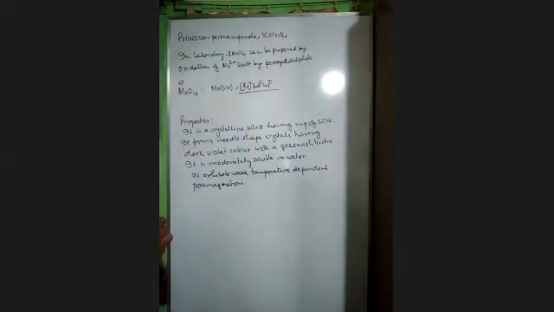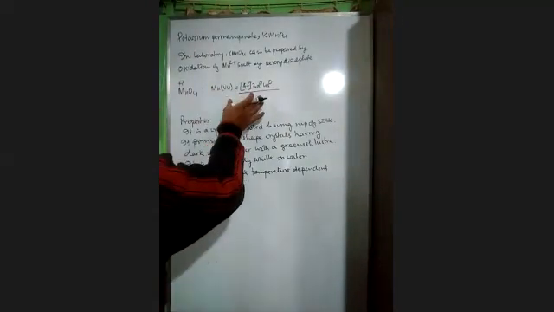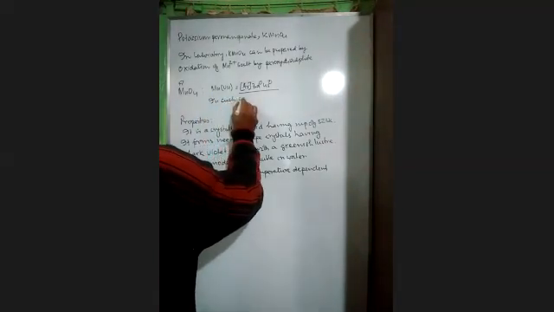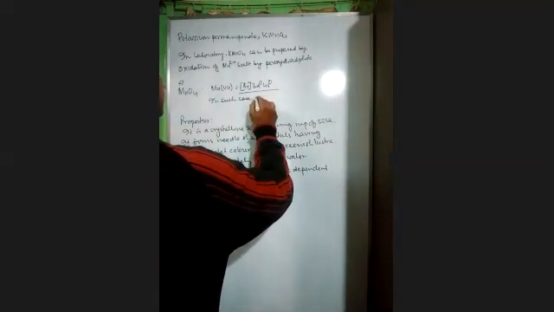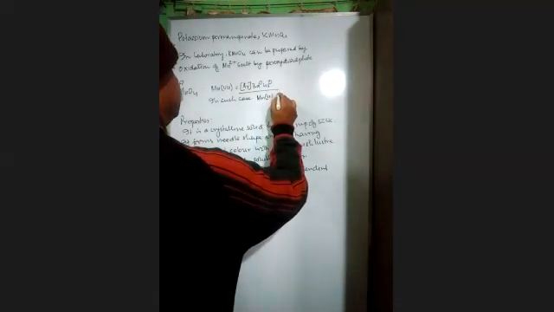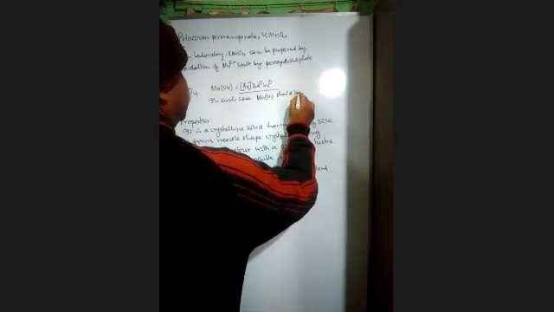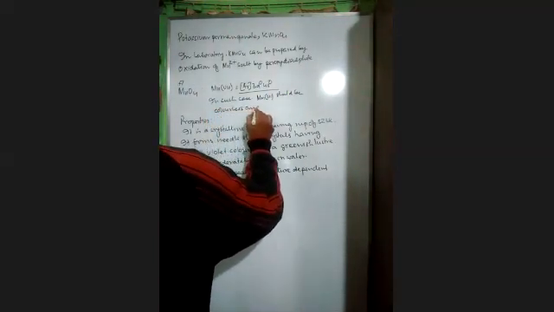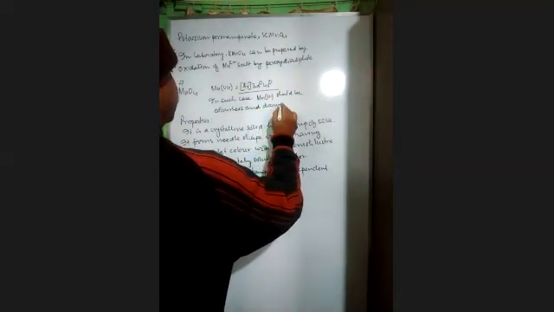As per theory, it should be colorless because no unpaired electron, and it should not show any type of paramagnetism. So in such case, permanganate should be colorless and diamagnetic.